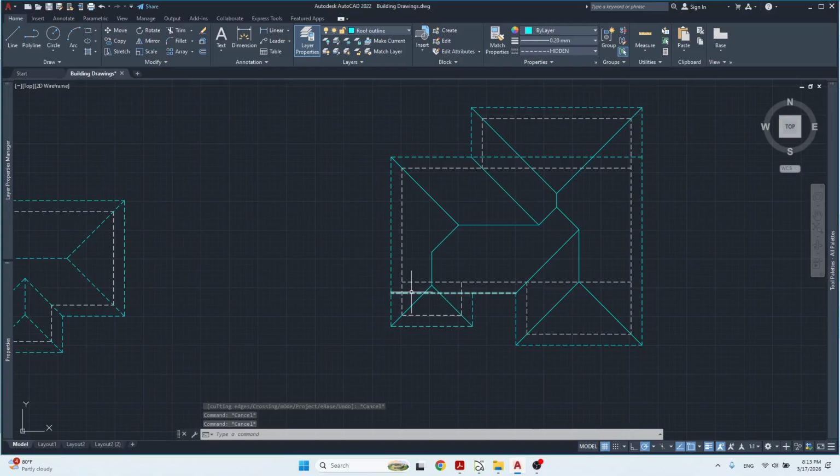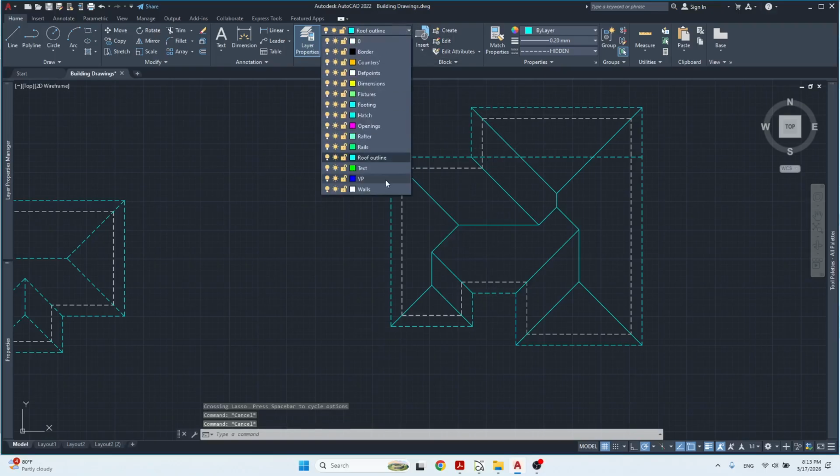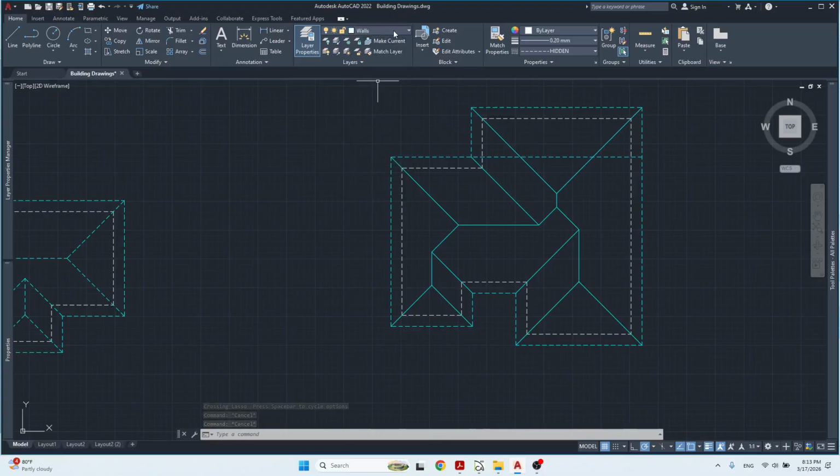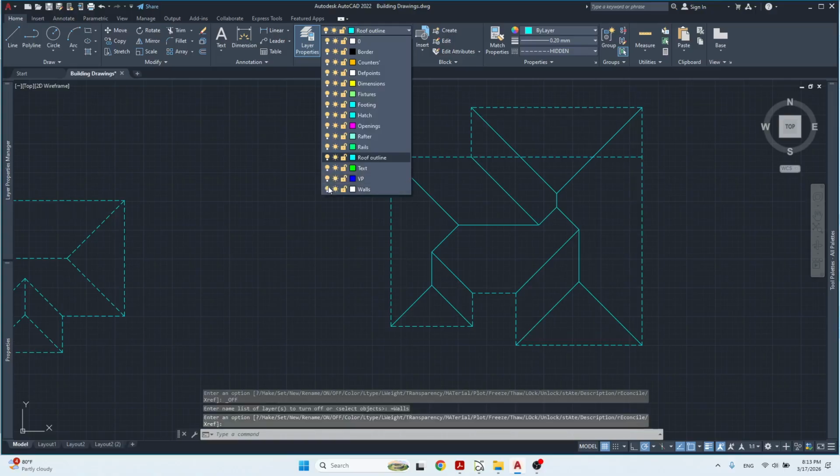Alright? And basically all we need to do is just clean this up a little bit, and we're almost done. Well, we're essentially done. So let me just get rid of all these lines that we extended in here, like so. There's one line missing. Let's put in this valley rafter right there. Okay, so we have this side that is sloping this way, right? Maybe what I can do is turn off the wall layer.